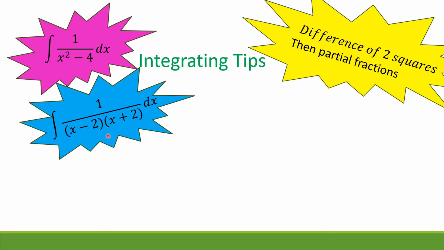Now we're going to look at partial fractions. So when I use partial fractions, I say that this fraction I've got here is equivalently equal to a over x minus 2 plus b over x plus 2. So then I can say that 1 is going to be identically equal to a times by x plus 2. So I multiply my a by my x plus 2 to make my denominators exactly the same, plus b times by the x minus 2, so multiply this opposite diagonal together.